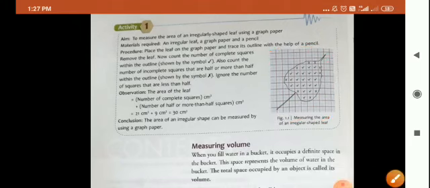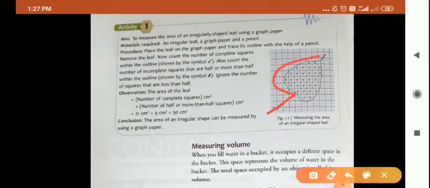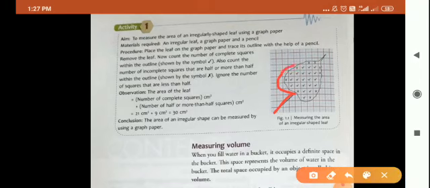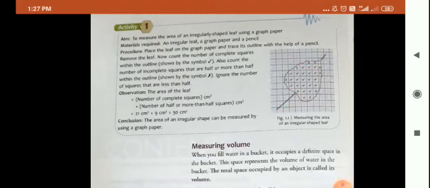If you have an irregular shaped leaf, you will simply place that leaf on the graph paper, trace the outline of the leaf and then remove the leaf. So you will get an outlined diagram of the leaf, yes? Now what you have to do?